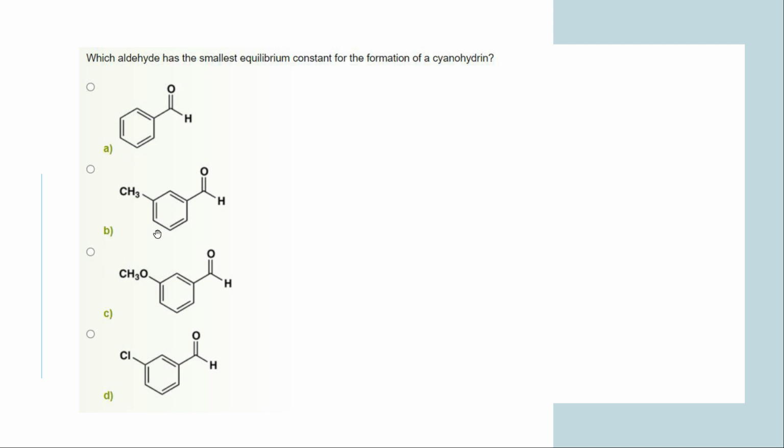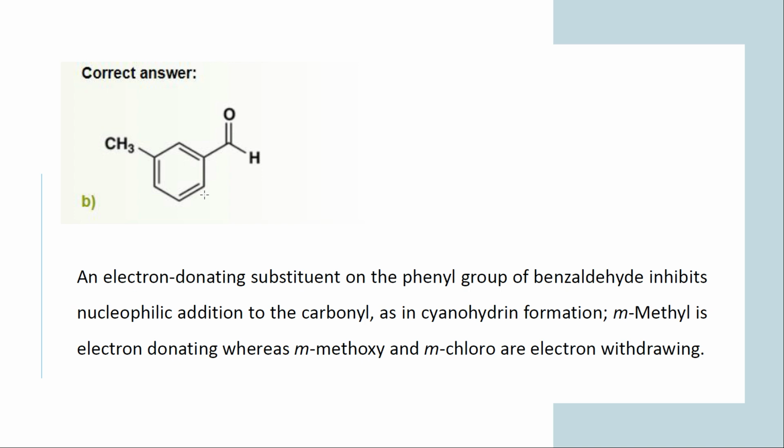So in case of this question, out of all these four substrates, option B has the most electron rich carbonyl carbon. So for the smallest equilibrium constant for this particular nucleophilic addition reaction, option B will be the correct answer. Okay, and this is the description for the answer. You may note it down, and I hope this answer was clear to you all.